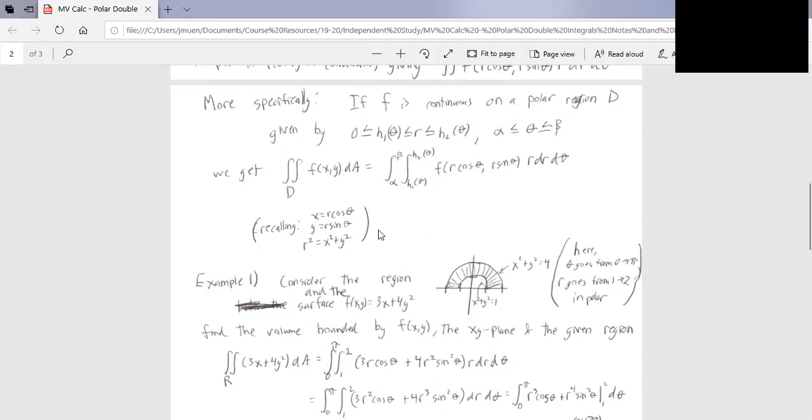Again, recalling x here is r cosine theta, y is r sine theta, and we'll often need r squared equals x squared plus y squared.